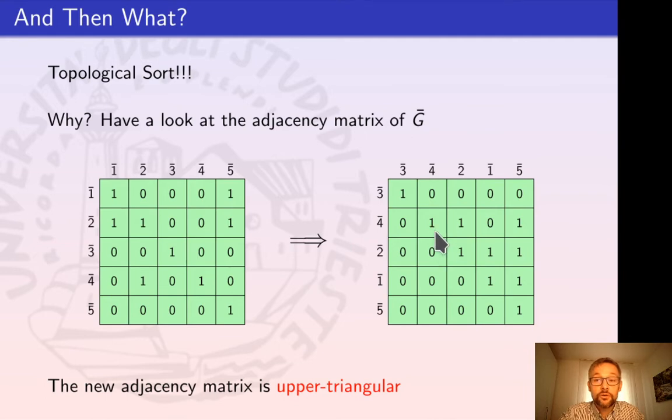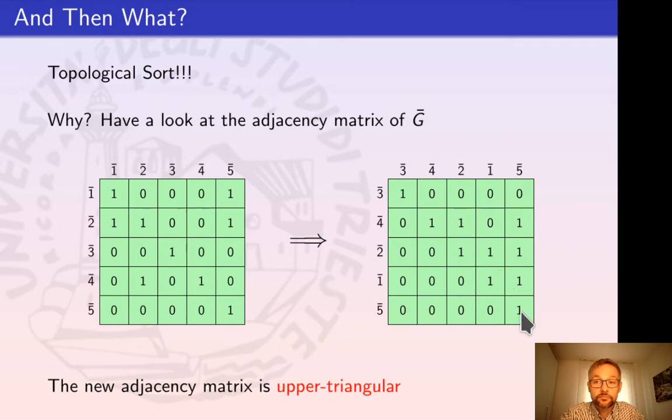So all the cells below the main diagonal are equal to 0. Of course this also holds for the third, the fourth, and the fifth.